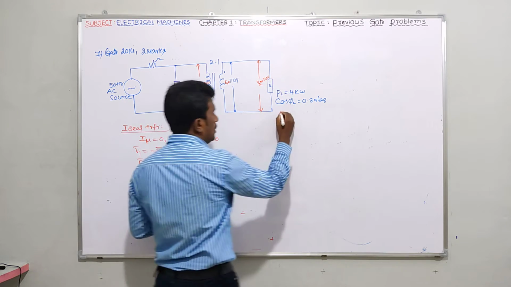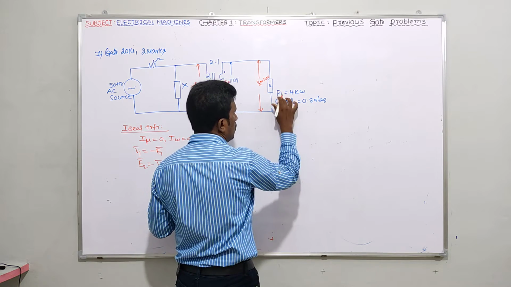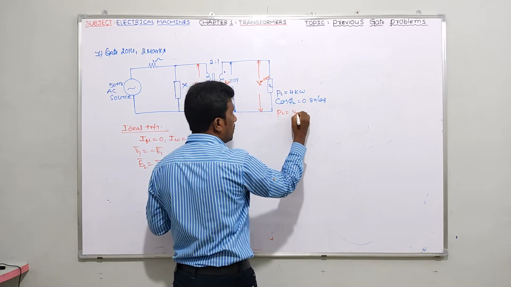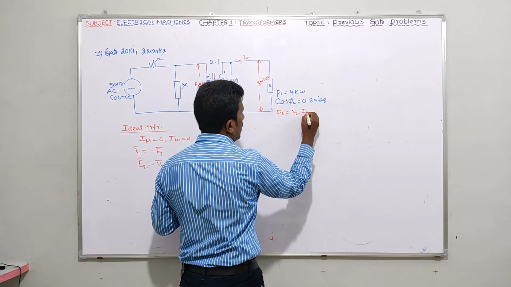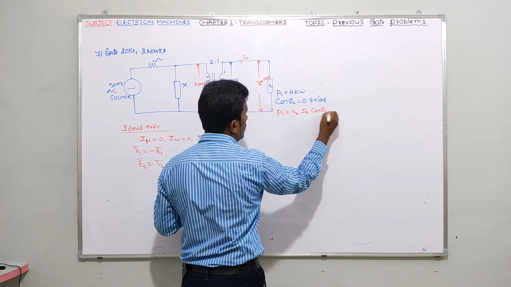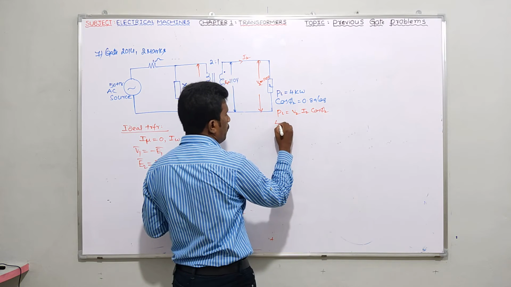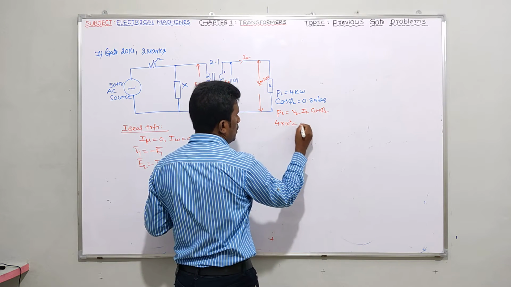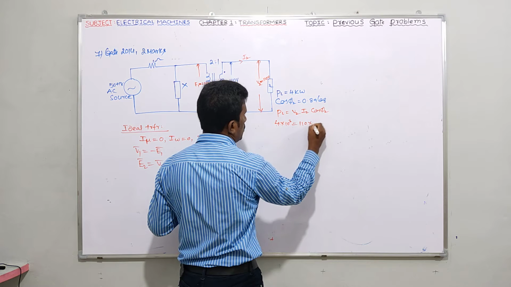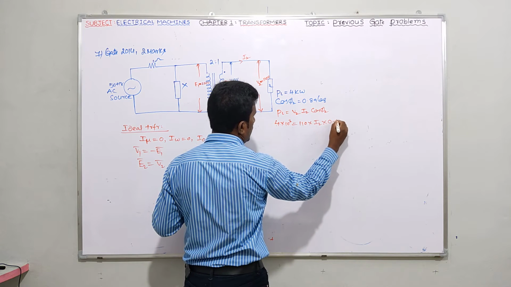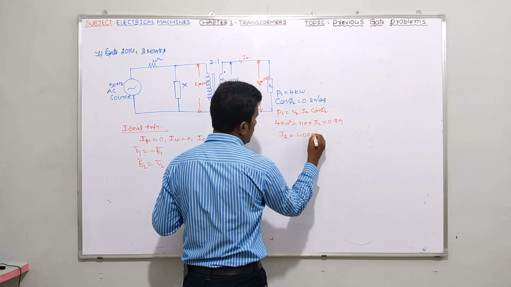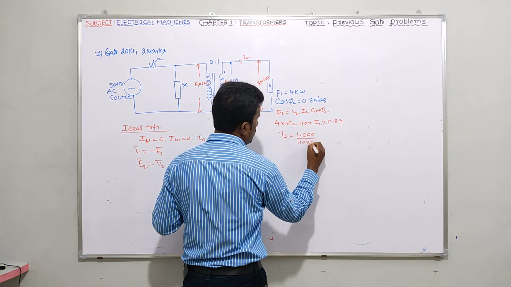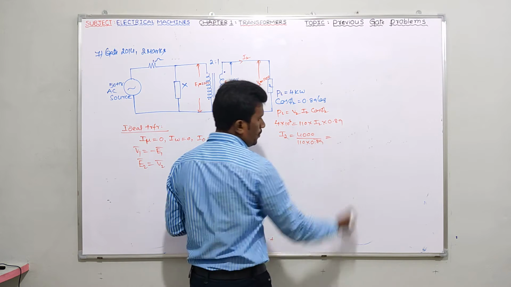So the load power PL equals load voltage V2 times I2 cos phi2. So 4 into 10 cube equals 110 into I2 into cos phi2, which is 0.89. So from this, I2 equals 4000 divided by 110 into 0.89. This is the value of your I2.